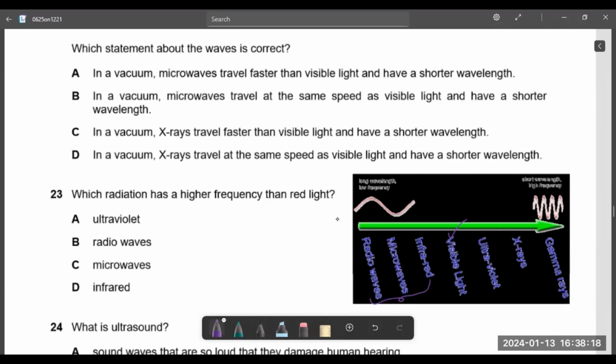That is infrared, microwaves, radio waves will be having longer wavelength than visible light. Ultraviolet, X-rays and gamma rays will be having shorter wavelength than visible light. And the speed will be same for all electromagnetic rays.